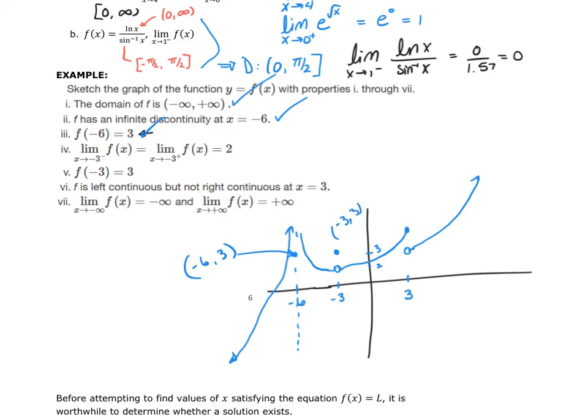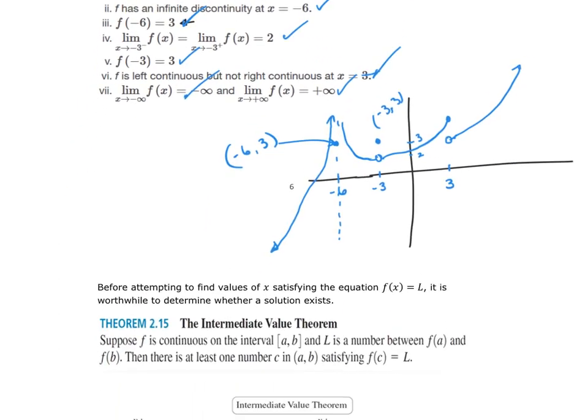So I've taken care of that one. It is left continuous at 3, but not right continuous. That takes care of that. And then as x approaches negative infinity, it is negative infinity. As x approaches positive infinity, it is positive infinity. This is just one example that satisfies all of that. It is not the only one. So if you did one that's slightly different, cool.